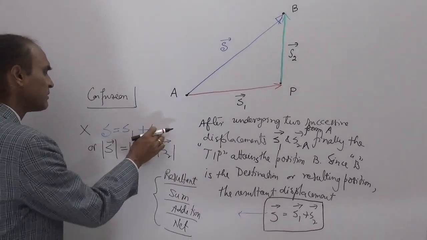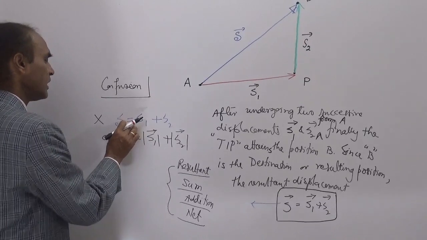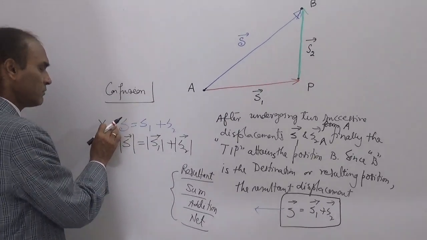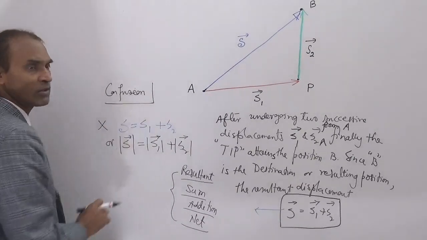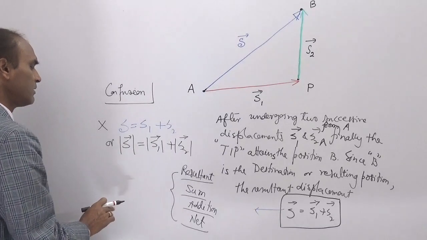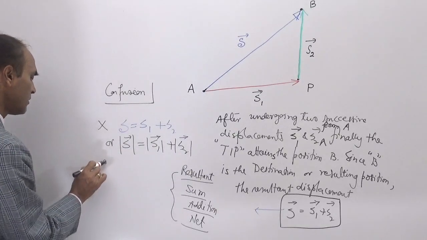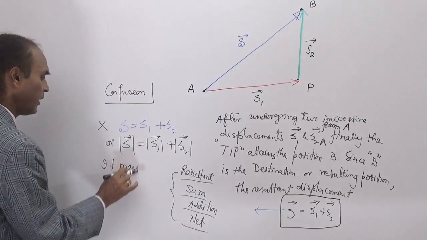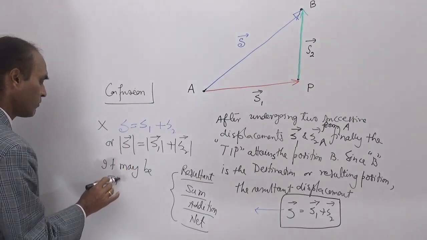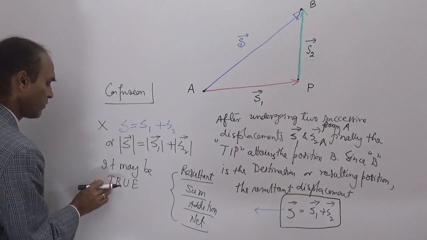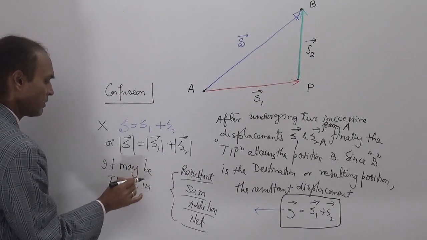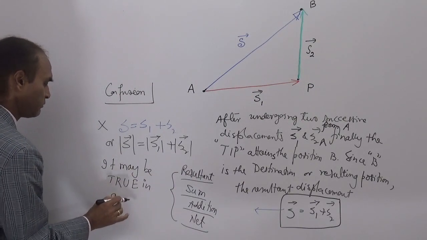This is the scalar sum of these two displacements being equal to the net displacement's magnitude. This is a wrong thing. It may be true in a specific case.